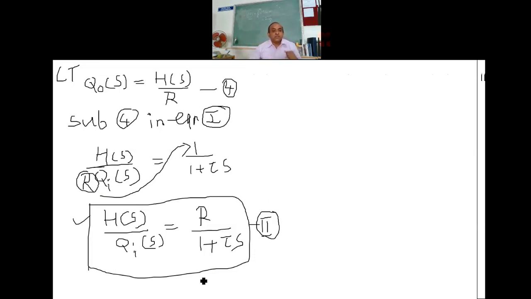Now I have to give the step input. How do you give the step input? That is Qi of t equals A, the step input. If you apply Laplace transform for this, what do you get?